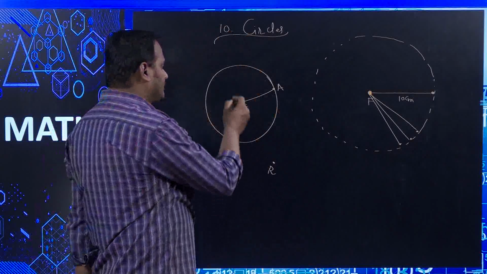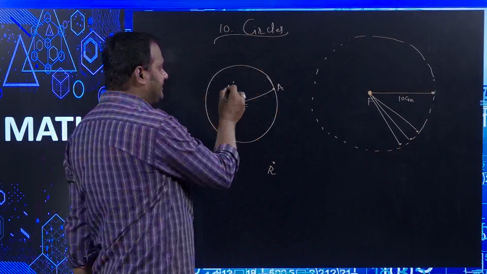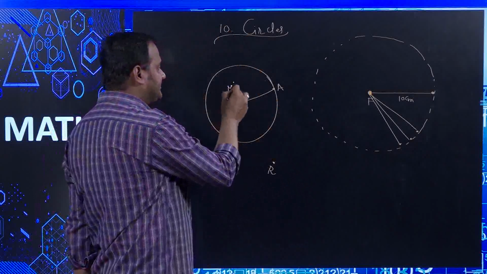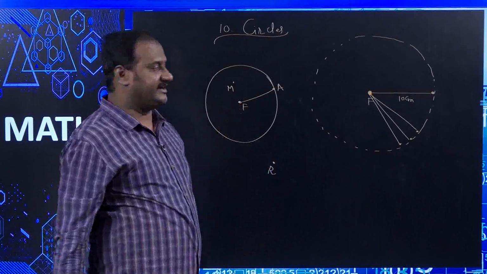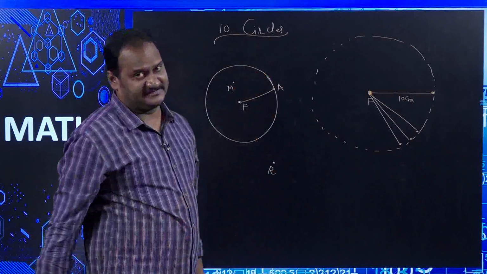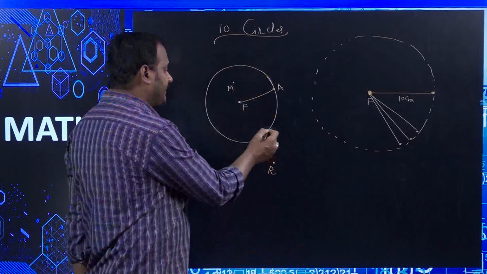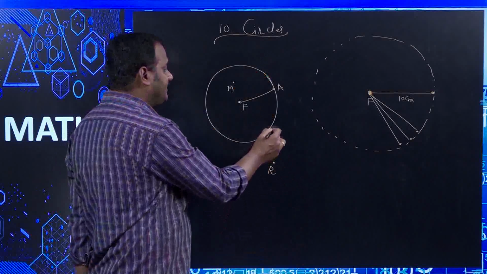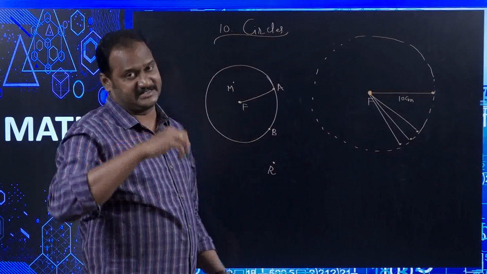Suppose I take one more point here, for example M. So M is a point lying inside the circle. And if I take one point here, then this point B is said to be a point lying on the circle.